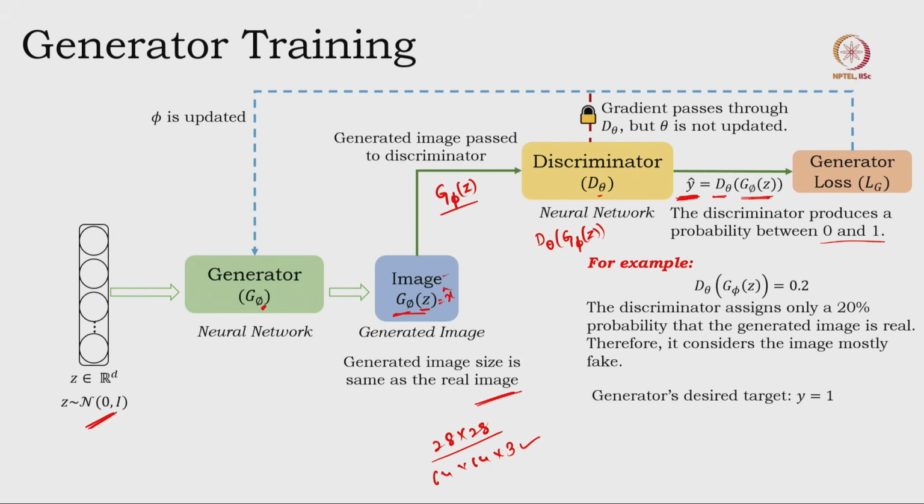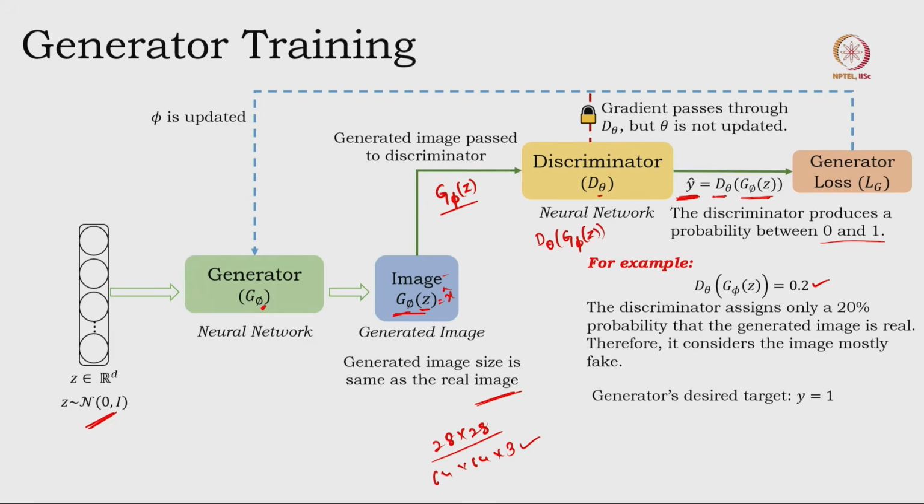Now, suppose the discriminator has given a probability of 0.2. What is the meaning of this? This means that the discriminator assigns only 20% probability that the generated image is real.